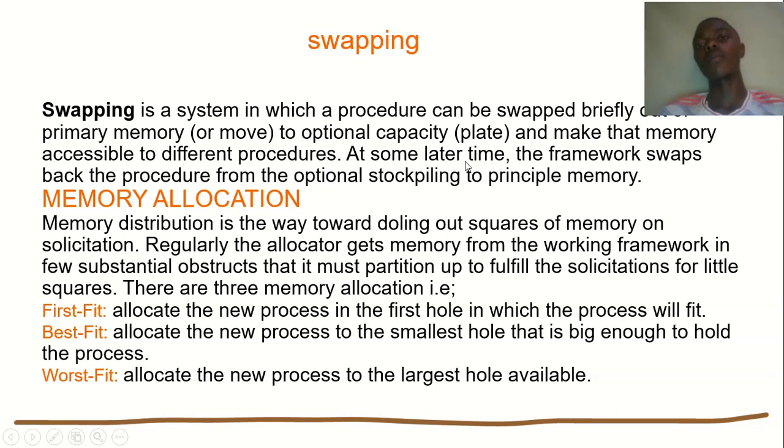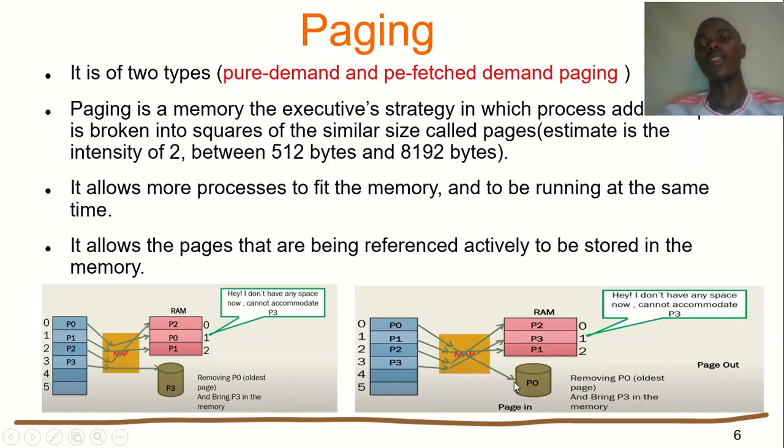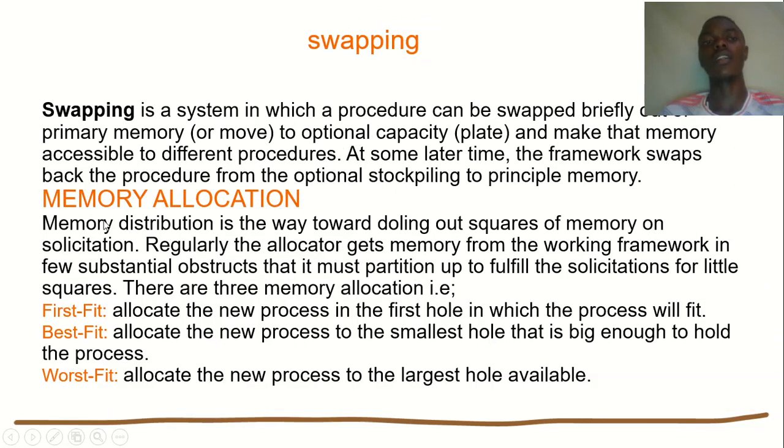At some later time, the framework swaps back the procedure from the optional stockpiling to principal memory. So this is all about swapping. The way I explained it here, just swapping pages from the physical memory to the virtual memory, processing it, doing it over and over again.